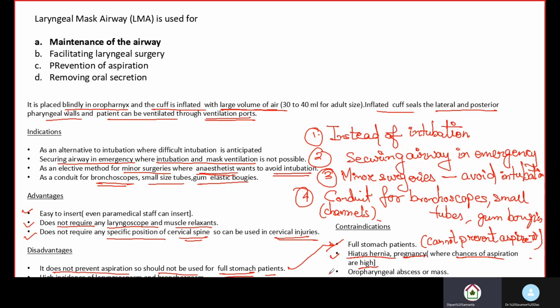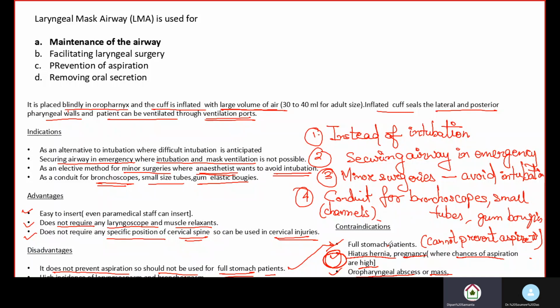Oropharyngeal abscess or mass. Patients who are vulnerable to bronchospasm. In hiatus hernia and pregnancy, although full stomach is not there, there may be a high chance of aspiration.